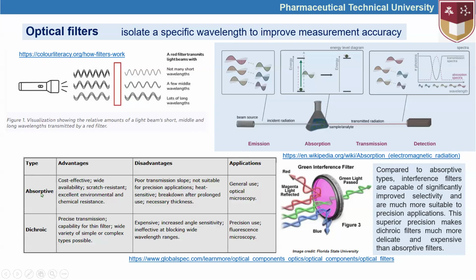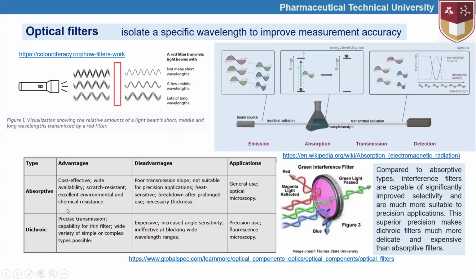Okay, and here we can see the types of filters. They could be absorptive or dichroic. Absorptives are cost effective, they are of wide availability, and they are scratch resistant.